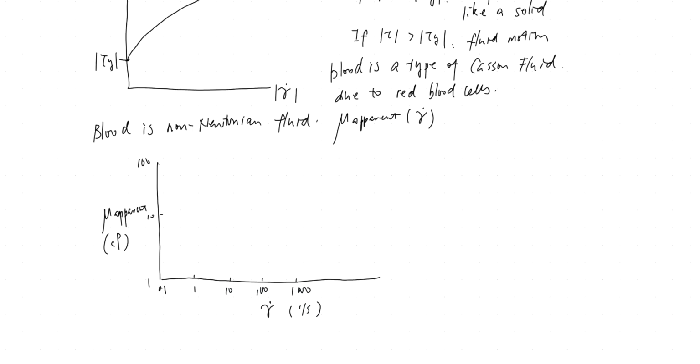When the shear rate is low, around 0.1, the apparent viscosity is pretty high, and then it drops with the increase of the shear rate. If you draw a curve, it decreases and eventually plateaus. The plateau value is about 3.